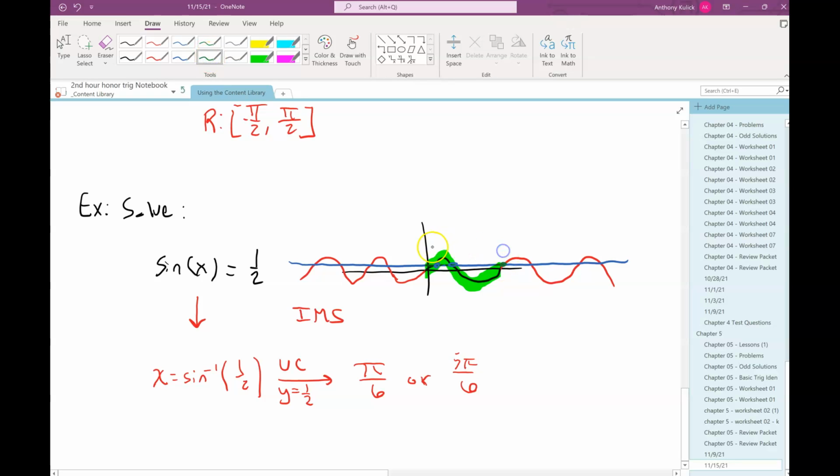So how far apart should these two solutions be? They're going to be one period apart, right? Everybody agree with that?